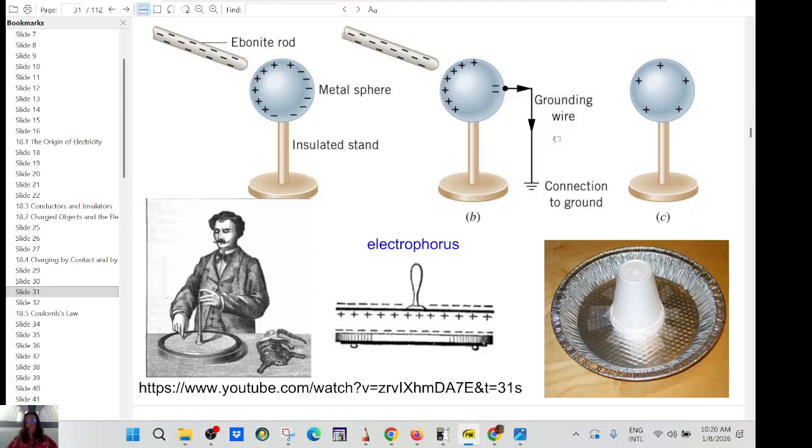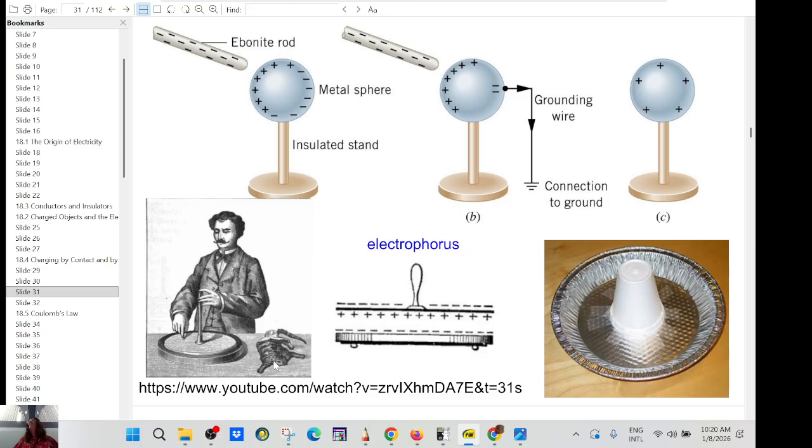Okay, so there is an experiment I used to do, called the electrophorus. If you want to do it for a demo, you can watch a video that shows you how to do it. You don't need to kill your cat. They used to do that with cat fur, and then rabbit fur, but rabbits are cute, right?